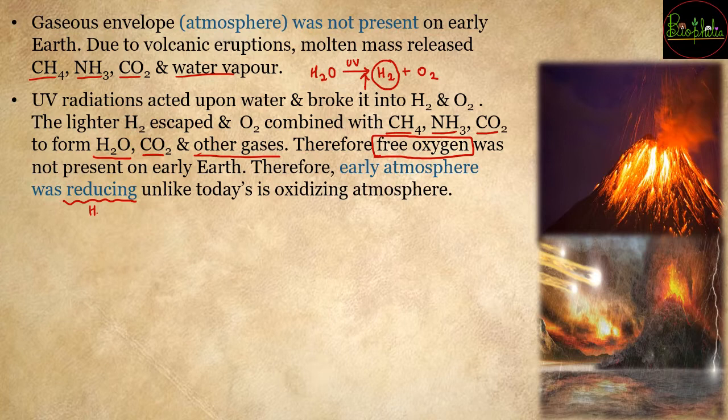It was the hydrogen that escaped out, and hydrogen is the gas that is reducing in nature. So compared to the atmosphere that we have today, which is the majority? Majority is of oxygen comparatively, right? In consideration of hydrogen and oxygen, oxygen is comparatively more in quantity, so it is an oxidizing atmosphere that we have today, that is in the present.